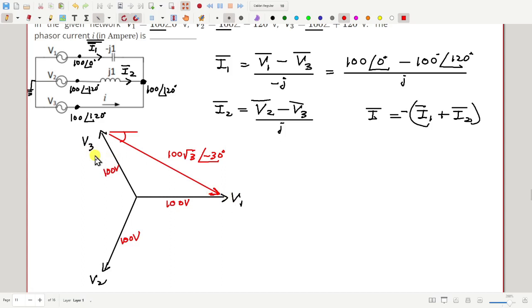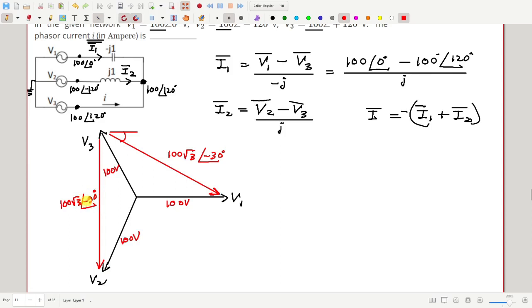Then we also have to calculate V2 minus V3. That will be this one. How much is this voltage in phasor form? Magnitude 100 root 3, angle minus 90 degree.